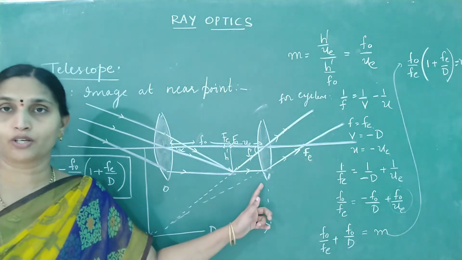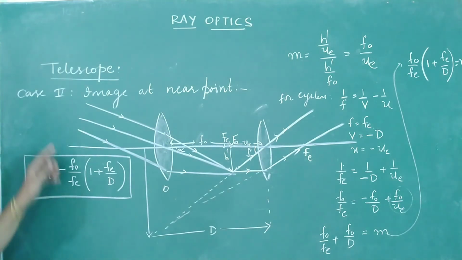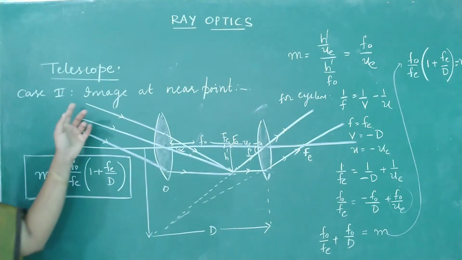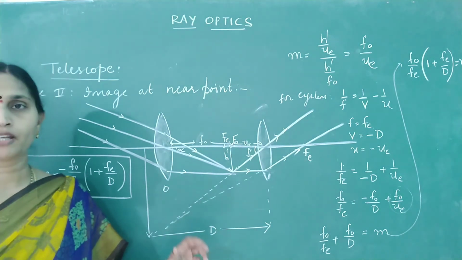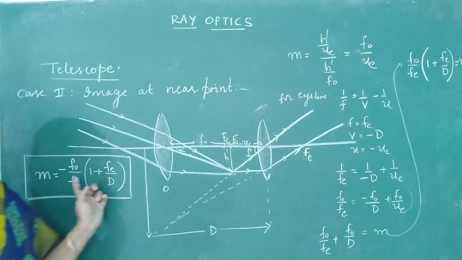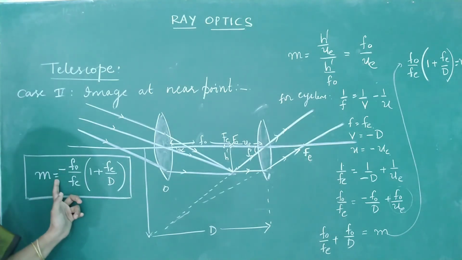Remember, only second lens is going to produce the magnification, and which is given by this relation. So this is your second case when image is formed at near point. So these are the two cases, but in both the cases, what is the nature of the image, final image? It's not an erect image, it is an inverted image.